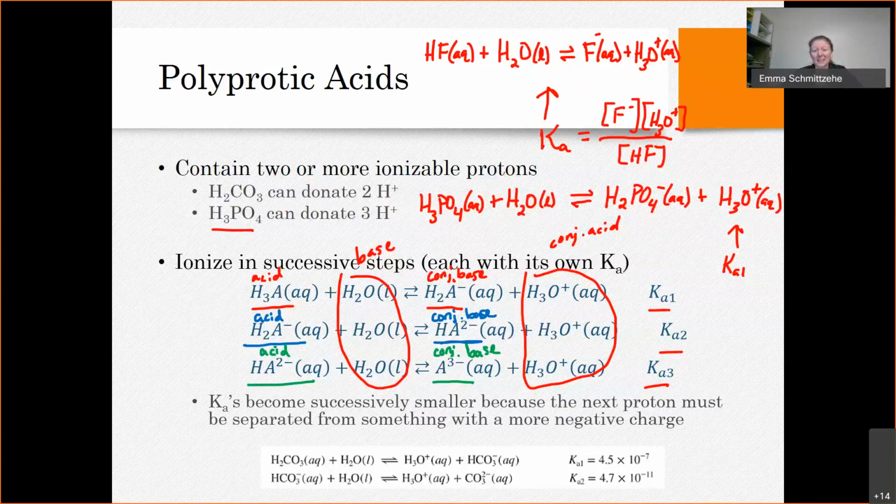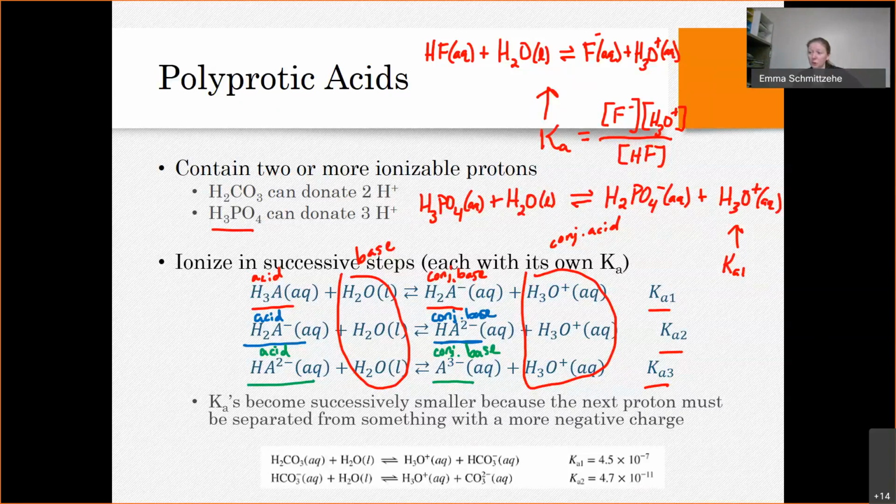And if it already has a negative charge, it's going to be less likely to give up some more positive, okay? So those Ka values actually get smaller and smaller as there are more steps in that process, okay? So all of them are small no matter what. But if it is a multi-step process, the values will get smaller.